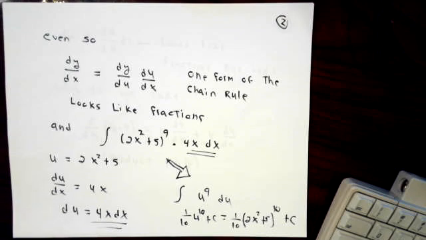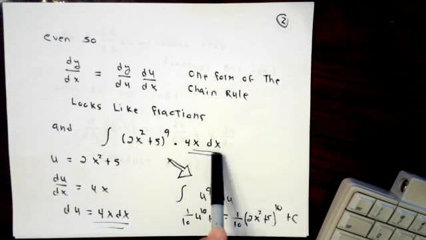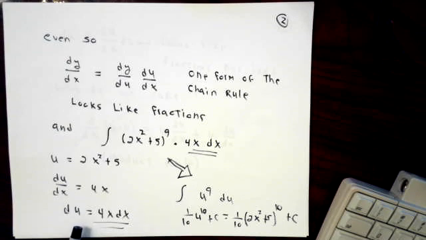My integral has a 9th power of 2x squared plus 5, a 9th power of u. 4 times x times make-believe kind of dx is du. So this thing down at the end, I'm going to pretend it's just multiplication.